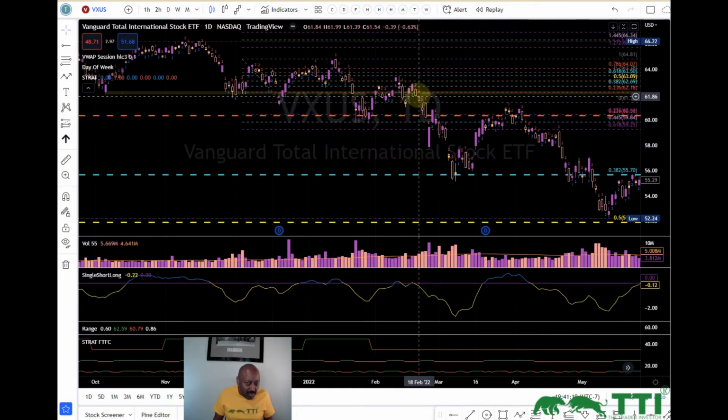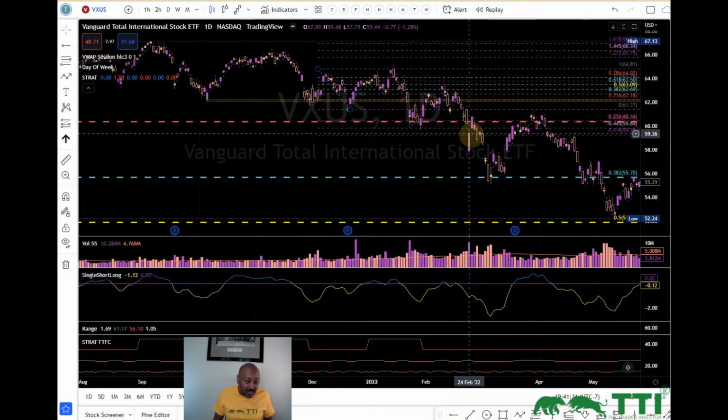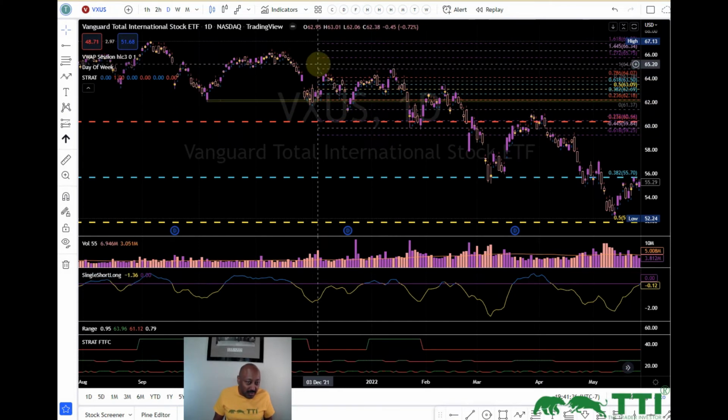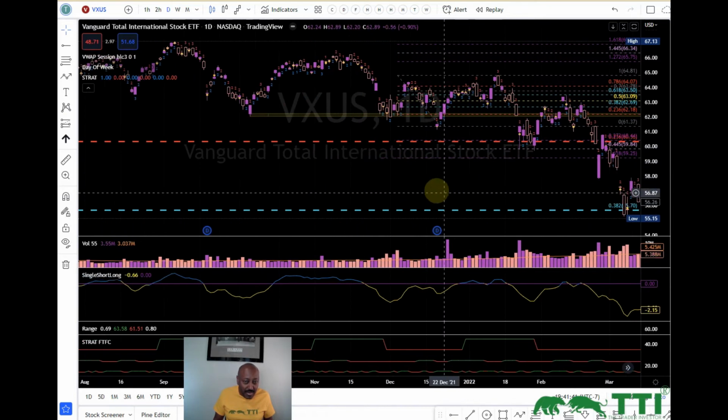Higher low, but then we get a lower high, which is good. 1, 2. No. So 1 here, 2 here, 3 here, for a reversal. That's continuation. So when we come down here, no, sorry, it's this one. I got confused.